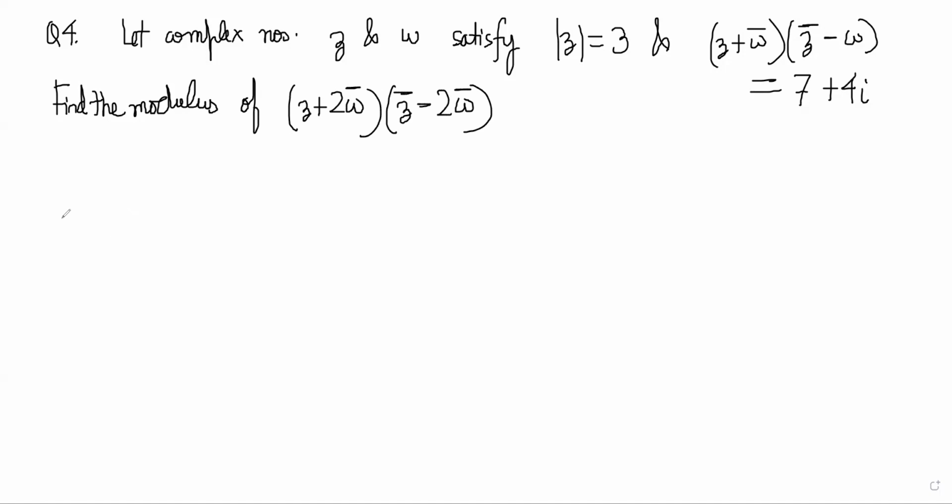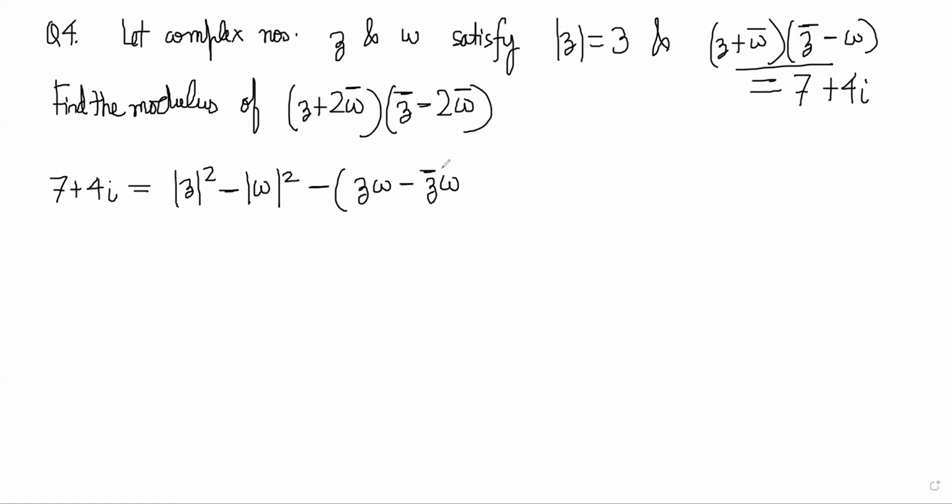Okay. Now we have 7 plus 4i equal to, if you expand this bracket, z conjugate becomes mod z square, minus w conjugate becomes minus mod w square. We get a minus zw, and we get a plus z conjugate w conjugate.